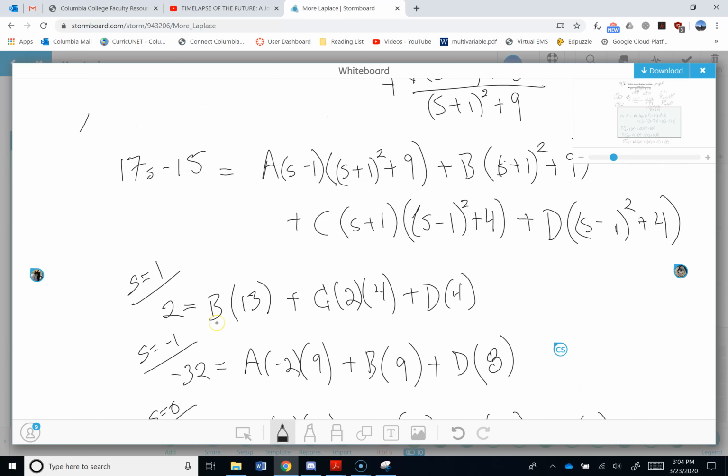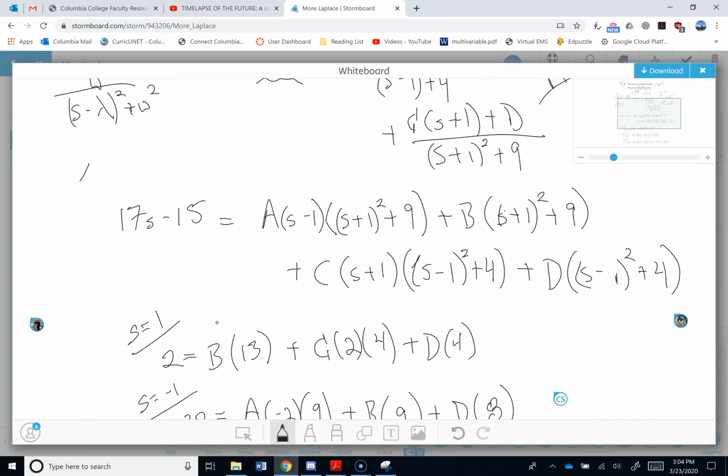Okay, so in order to get 1 more, there's a couple moves you can do. One of them is relatively straightforward: you can just look at the s cubed terms, because there's not going to be that many of them.